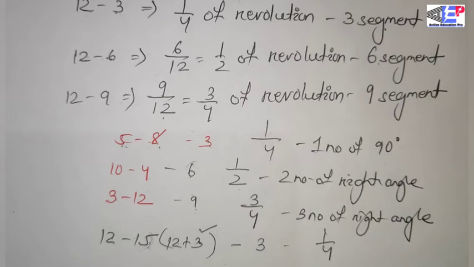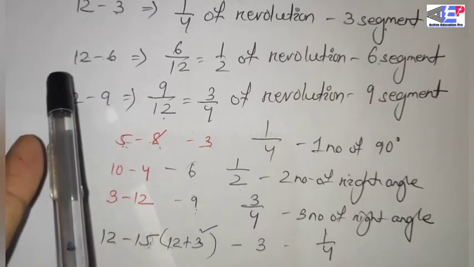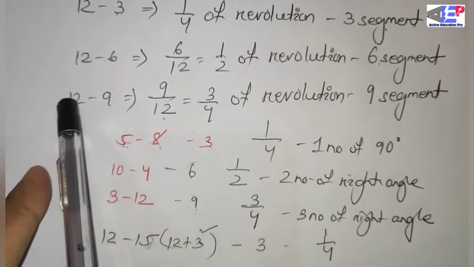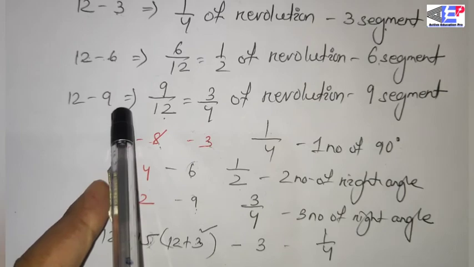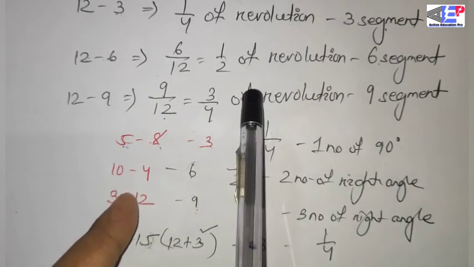What amount of angle you move, how many 90 degrees you move, how many right angles, how many complete revolutions you move. Now the questions: the hour hand moves from 12 to some hour, and you find the revolution.